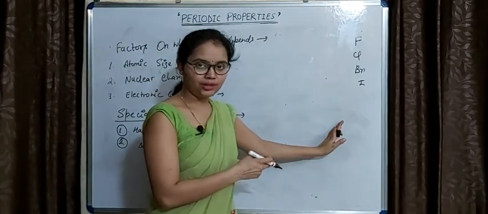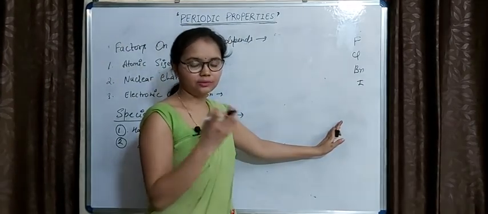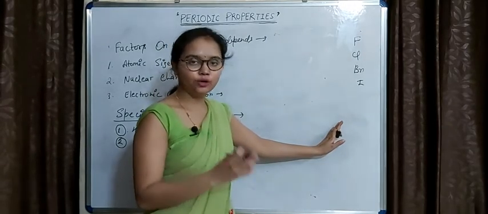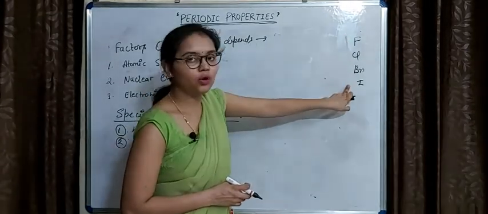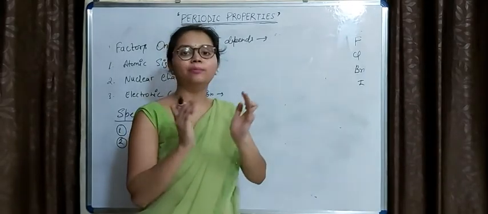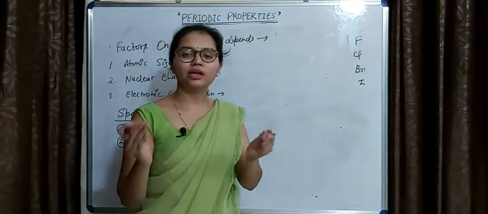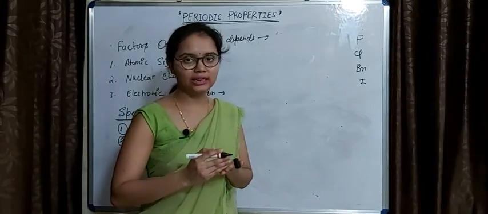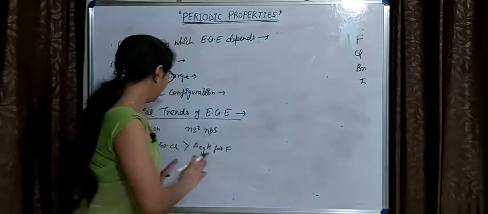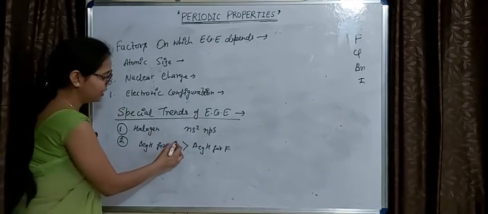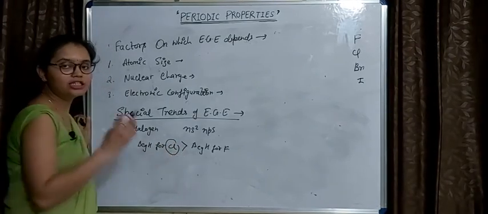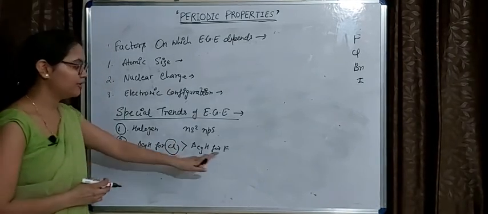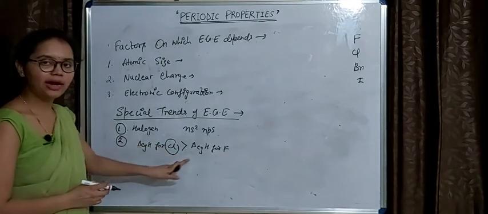And as I told you in the variation of electron gain enthalpy in groups, when we move from top to bottom, size increases, and because of the increase in size, we get a less negative value of electron gain enthalpy. But in this case, electron gain enthalpy for chlorine is much more negative than fluorine. What is the reason behind it?